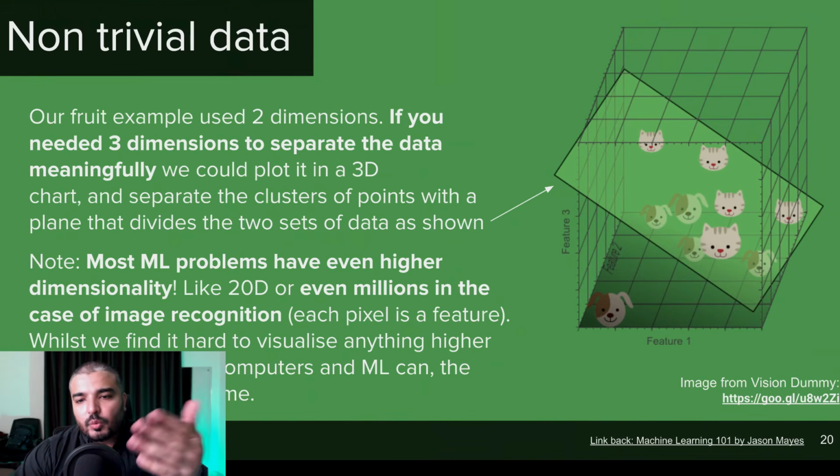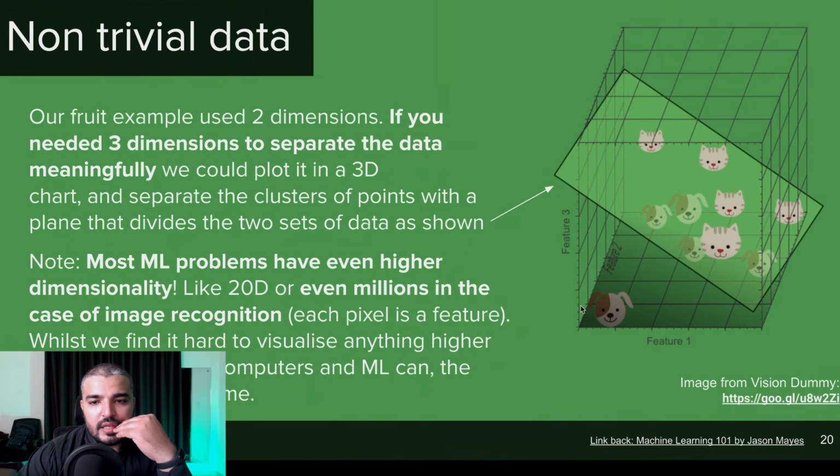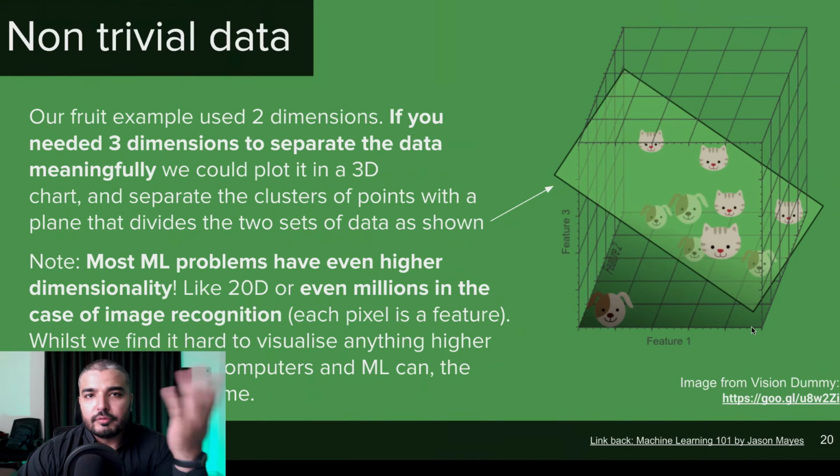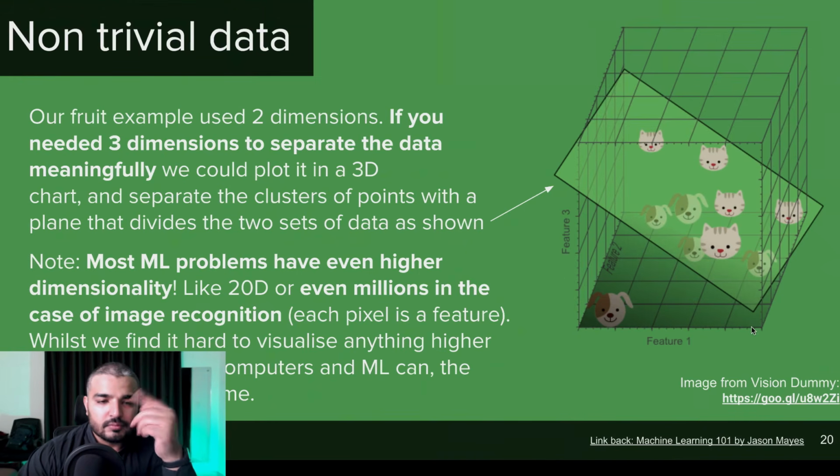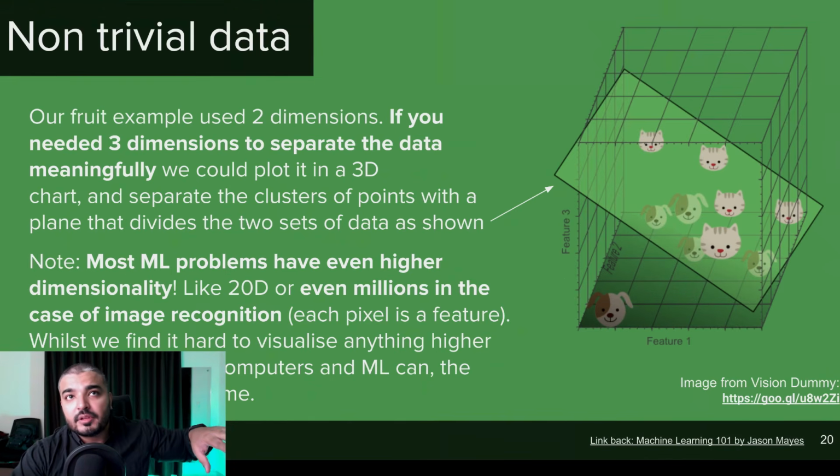So let's say you start with three features. The very first feature over here is the number of whiskers. So yeah, those whiskers. And the second feature is the number of patterns on the body of the entity, in our case, cats and dogs.